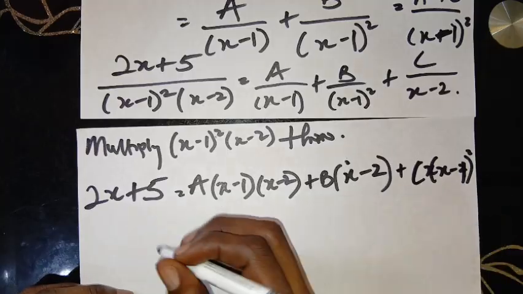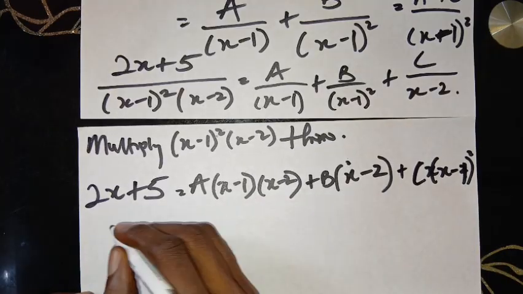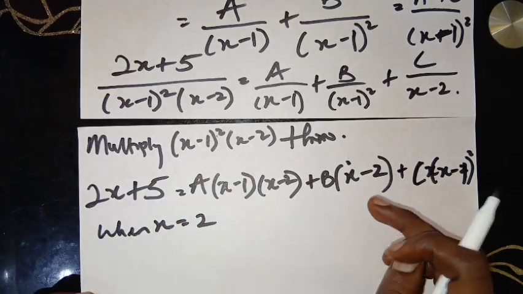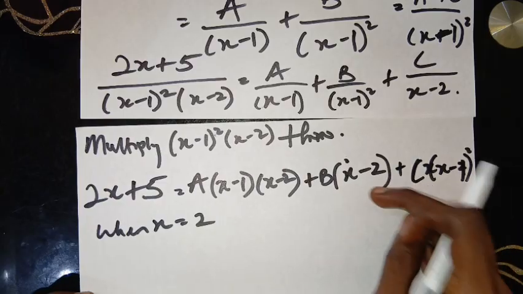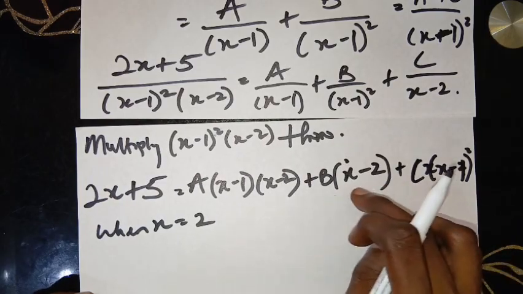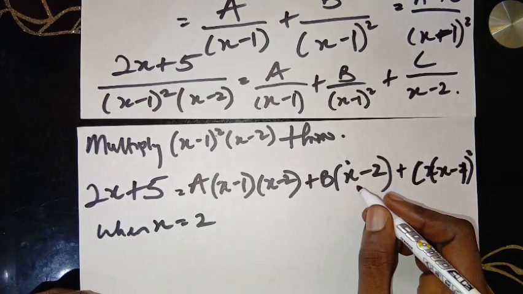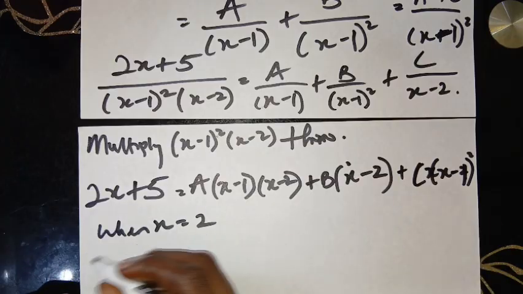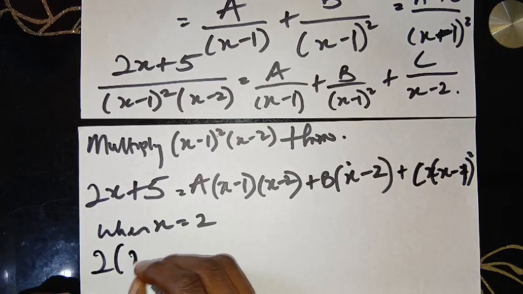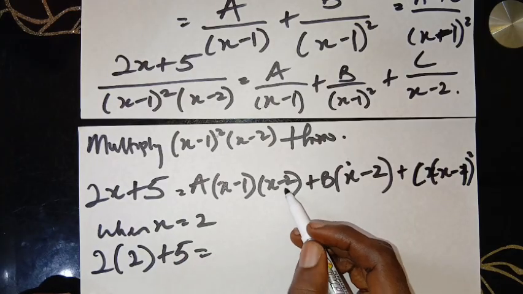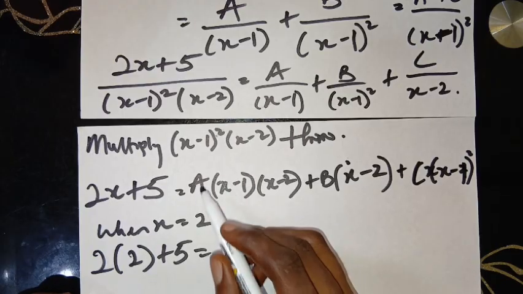So let's say where x is 2. The idea is just to look at what to add or subtract to the factor with a term. So substitute 2 wherever you find x, and 2 plus 5. So 2 minus 2 will give us 0, and 0 times this, whatever it is, still gives us 0.